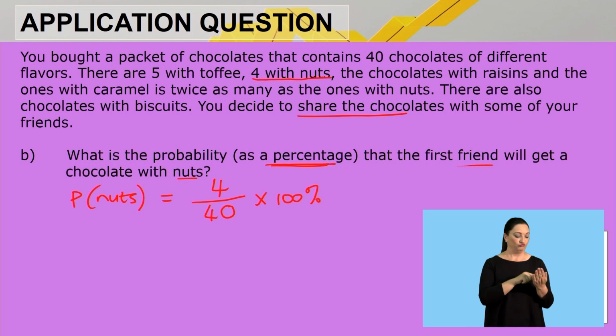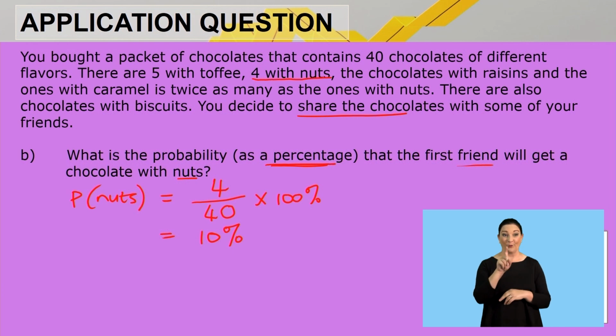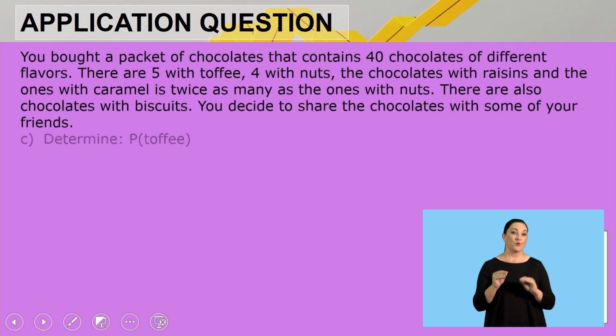So let's quickly key this in. 4 divided by 40, multiply by 100%. That will give us, and I'm sure some of you figured that out already, 10%. Guys, I hope question number B is clear to all of you. I will now be moving to question number C.